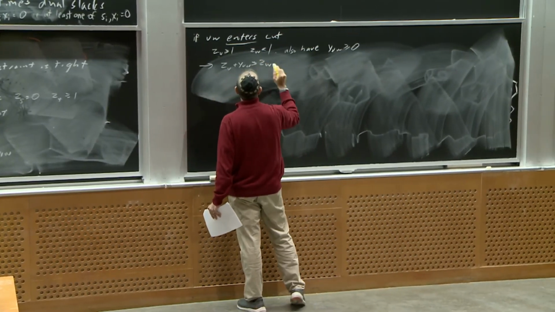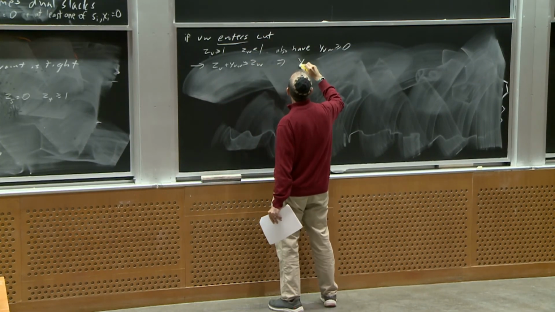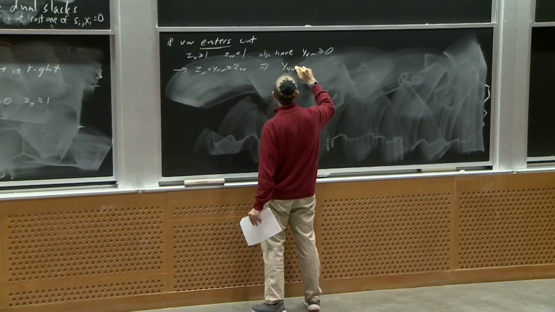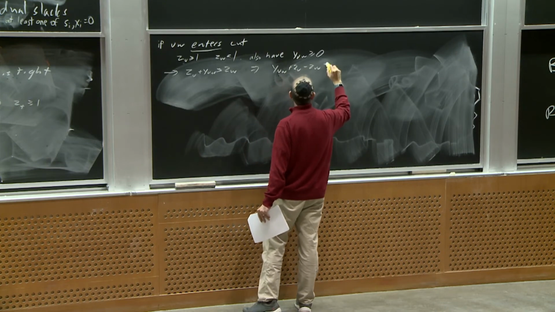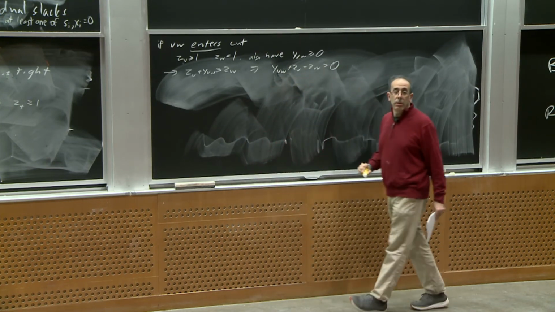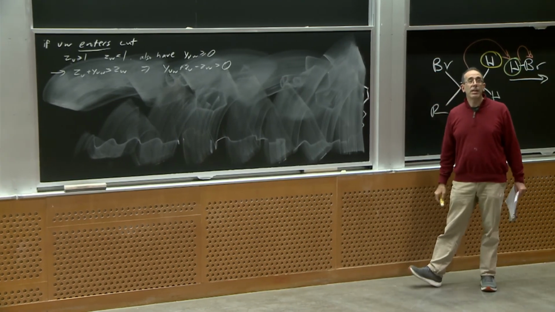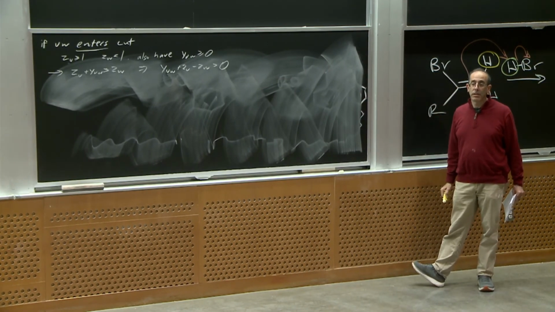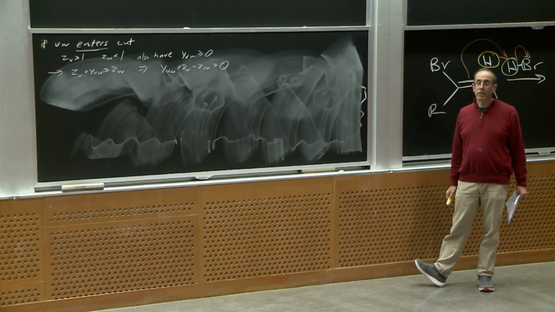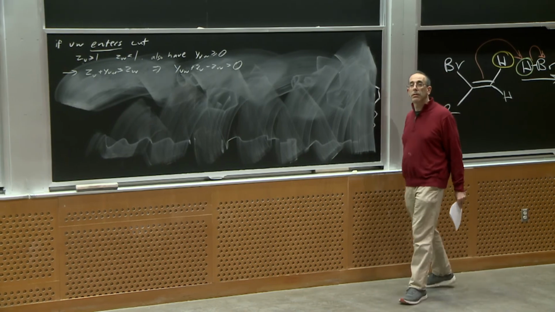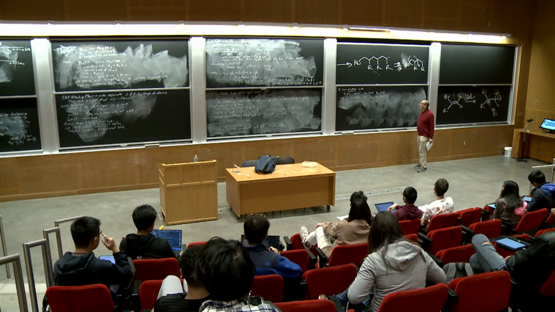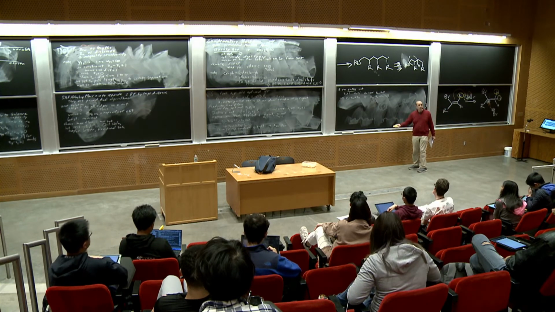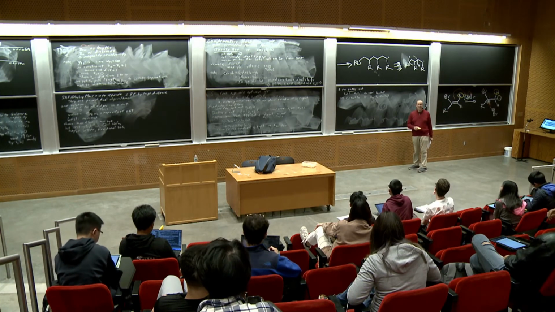If we rewrite that the obvious way, YVW plus ZV minus ZW is greater than 0. What is that saying in the language of complementary slackness? The dual constraint is not tight.